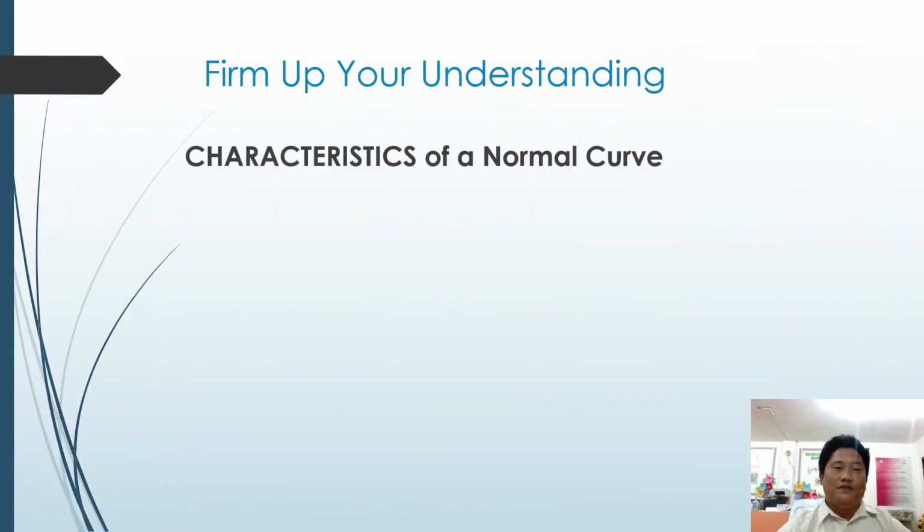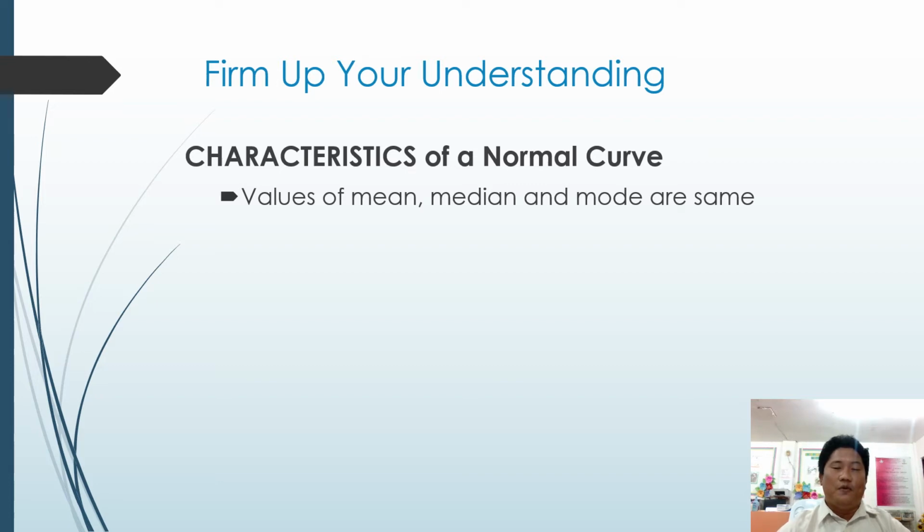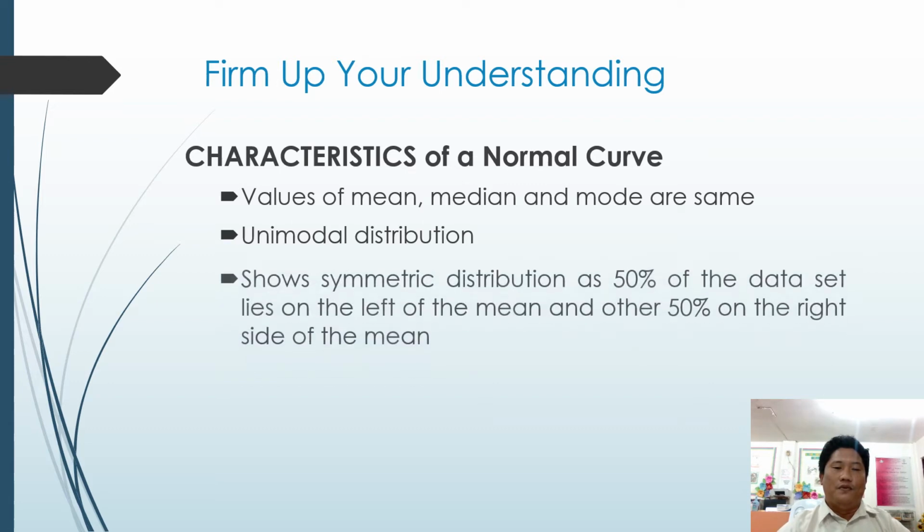Let's continue with the characteristics of a normal curve. A normal curve has values of mean, median, and mode which are the same. And it is a unimodal distribution because there's only one peak of the curve, so there's only one mode.